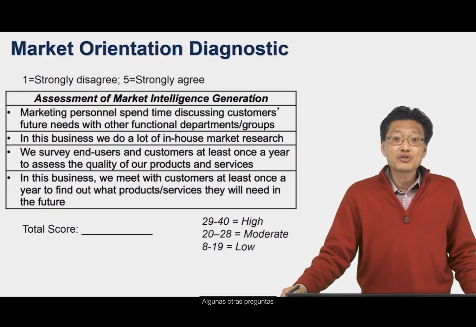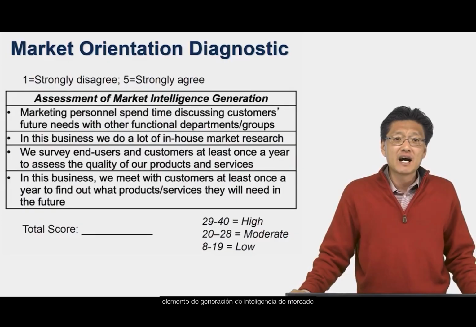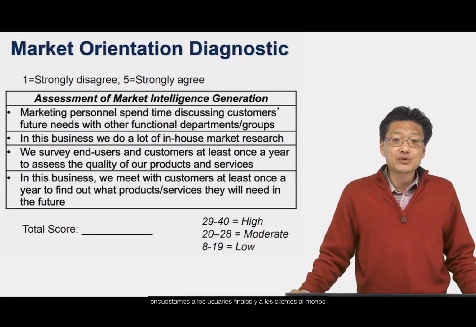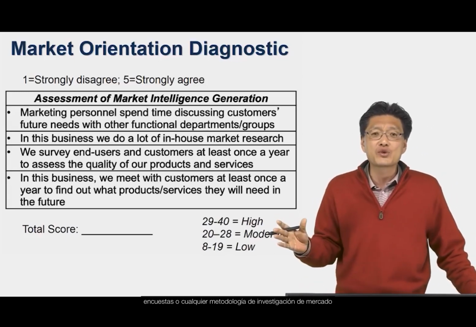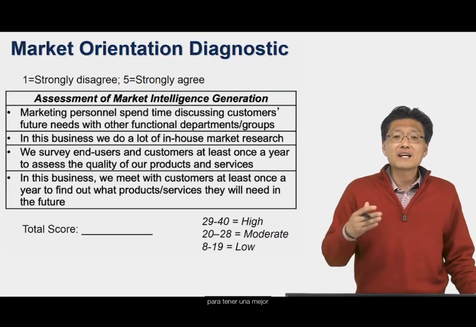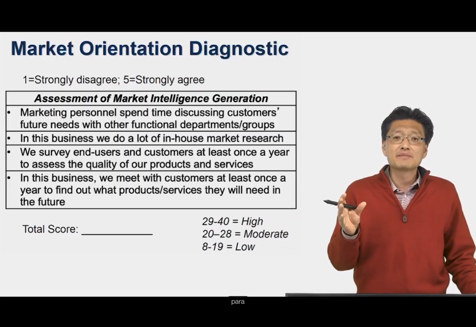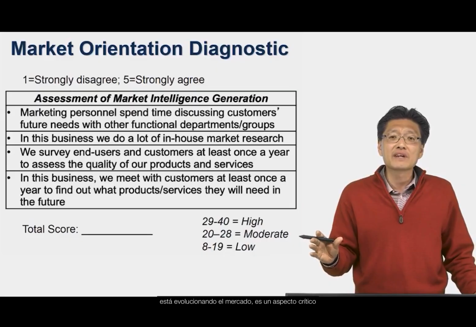Some other questions that tap into this market intelligence generation element would be the third item. We survey end users and customers at least once a year to assess the quality of our products and services. So again, using surveys or whatever market research methodology it may be to get a better feel of where customers stand, and to get a better understanding of how the market is evolving, is a critical aspect of this market intelligence generation.